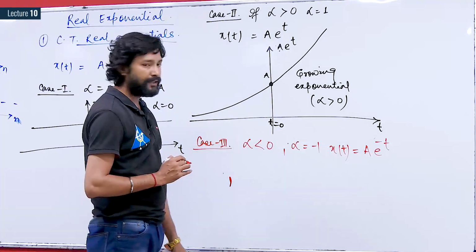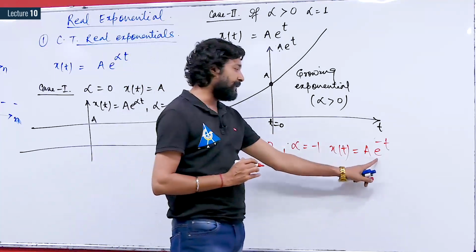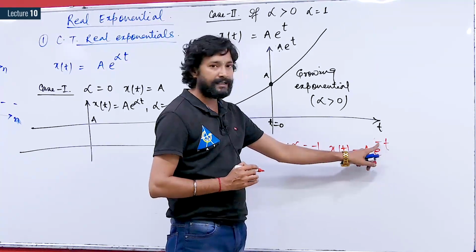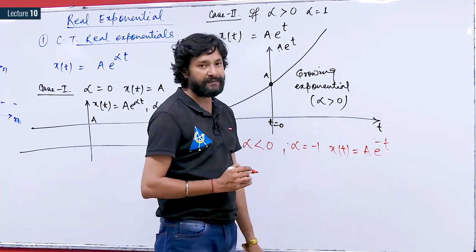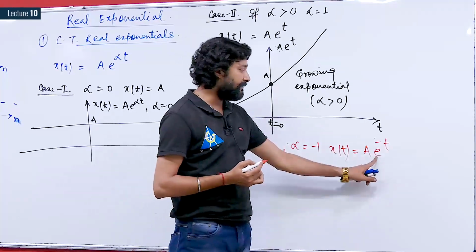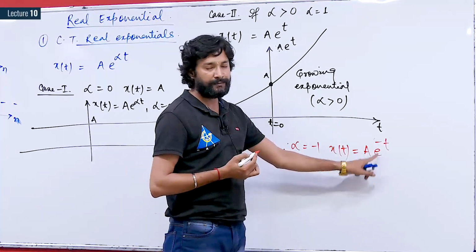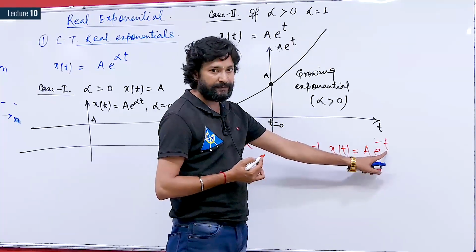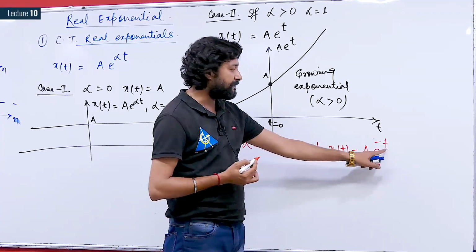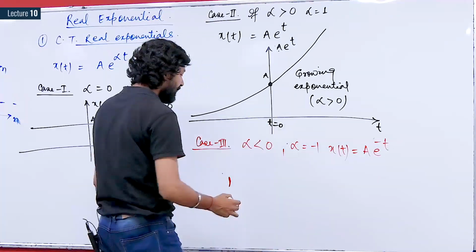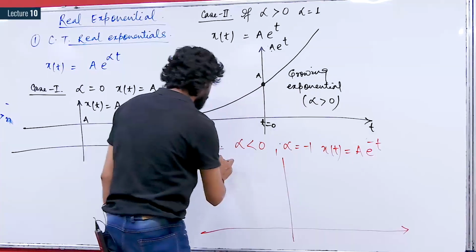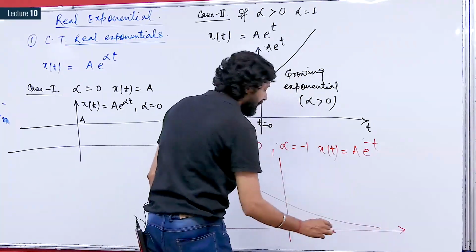Now if you put t equal to minus infinity, then minus and minus will give you e to the power plus infinity. That means this signal will have infinite value for t tends to minus infinity. And if you put t tends to plus infinity, then e to the power minus infinity will give you 0. Therefore, it will be a decreasing exponential which will be decreasing its value from infinity to 0.